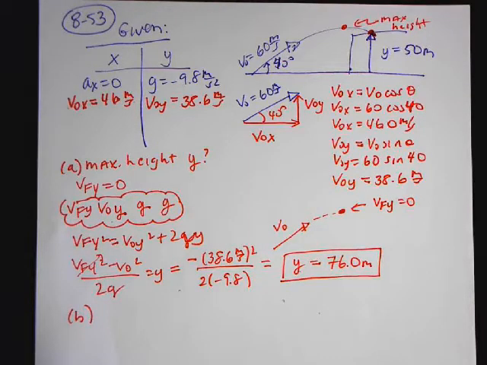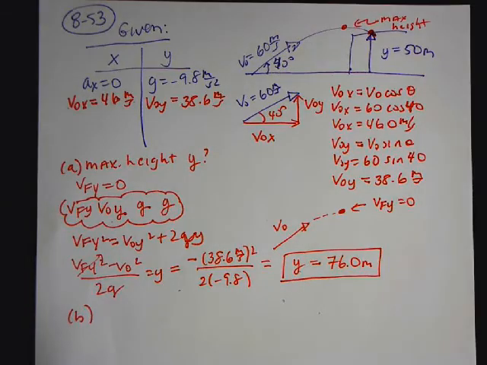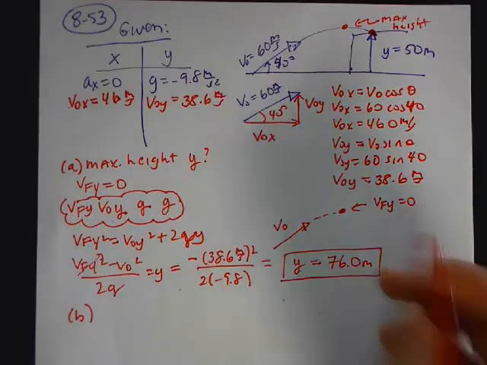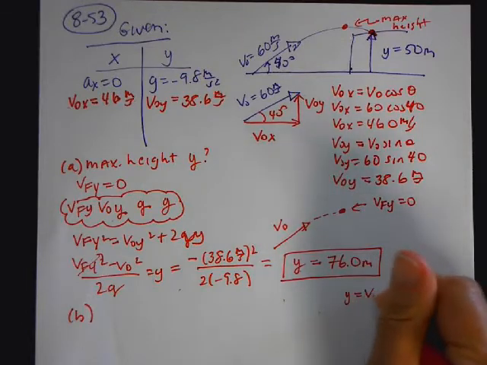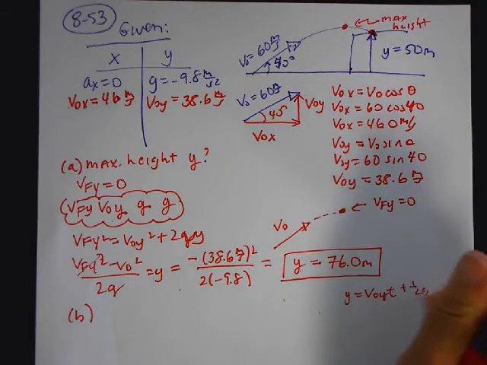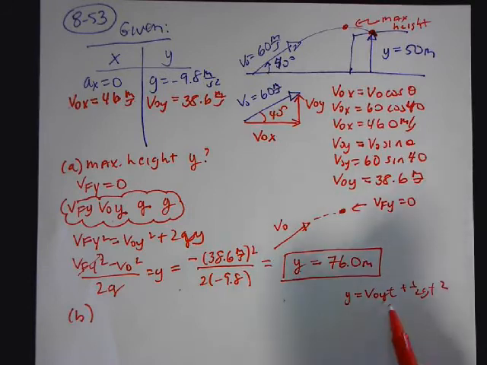Okay. So anyway, this part might have more than one step, because if I look at the variables and I want to find the time, if I look at my equations that have the time, I have the equation y is equal to v naught y t plus 1/2 g t squared. And this is the quadratic.